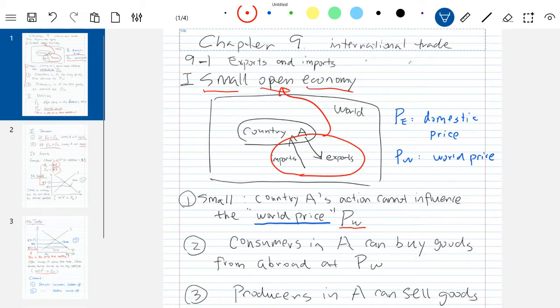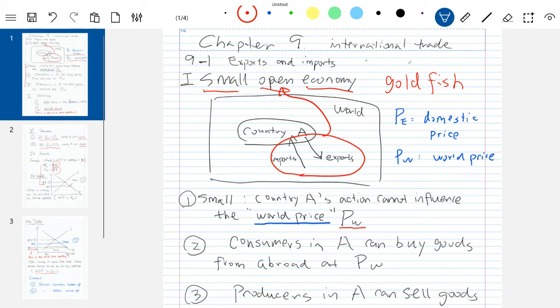So for the purpose of illustration, let's consider the markets for goldfish. As shown in the diagram below, country A is just one country within a larger world where there are many other countries.